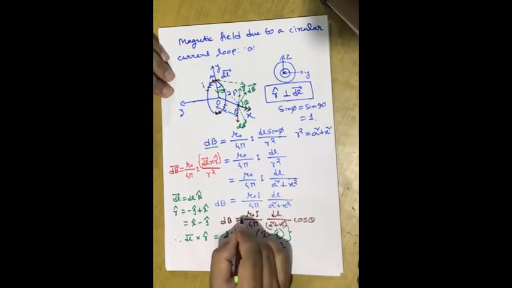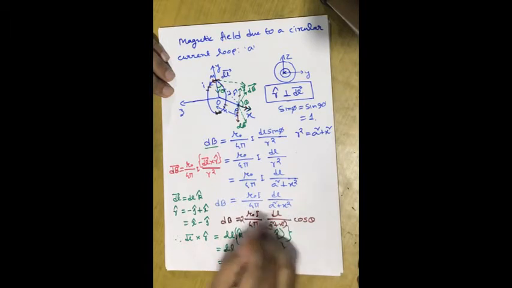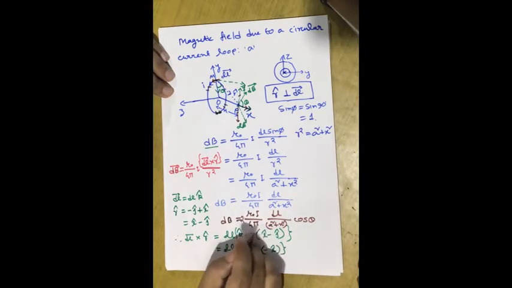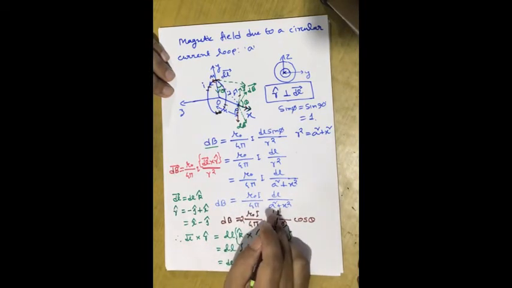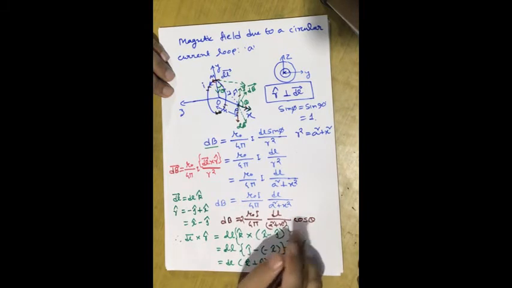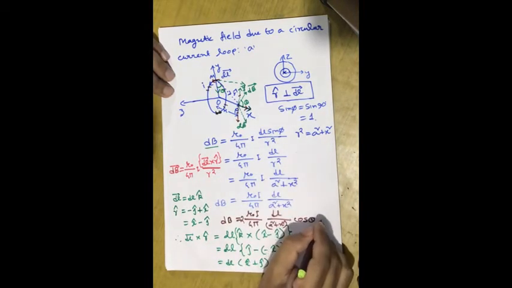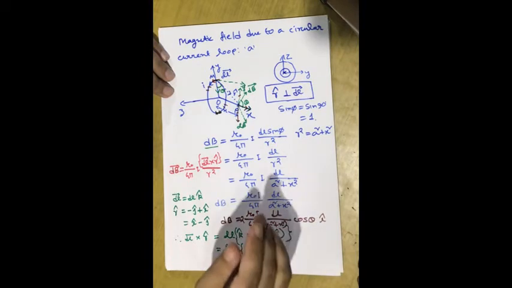How many components? There will be two components, so I have to write 2 into mu naught I dl divided by 4 pi (a square plus x square) into cos theta, and its direction will be along i cap, along the x-axis.